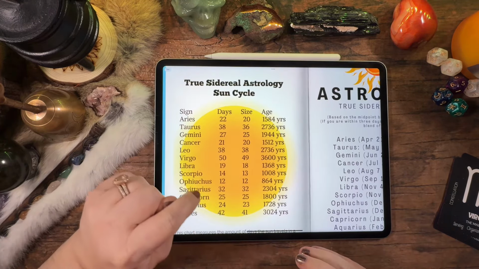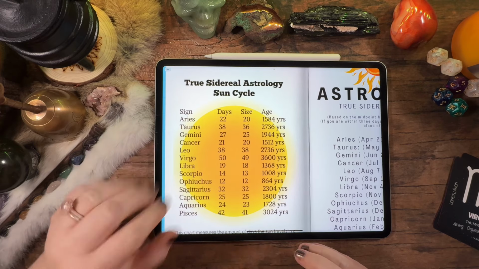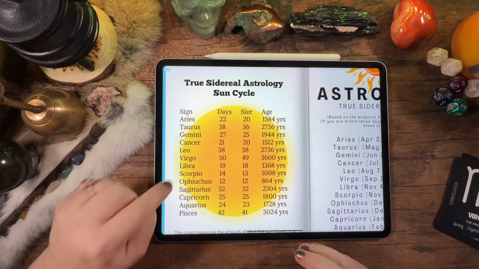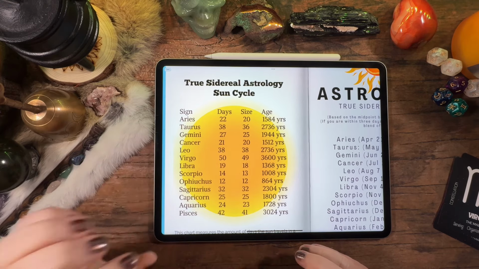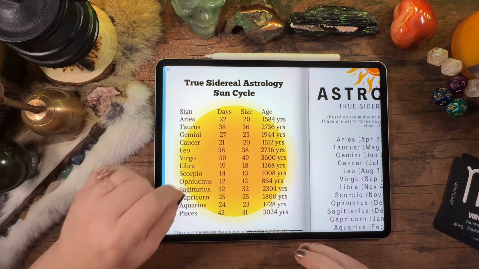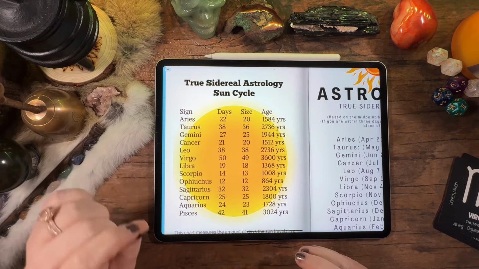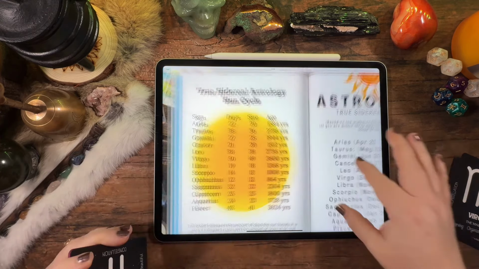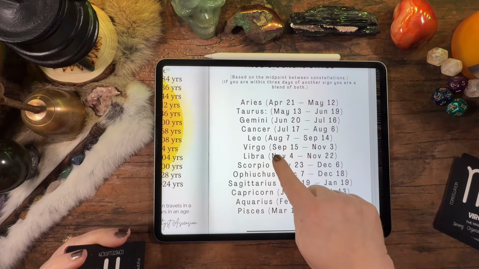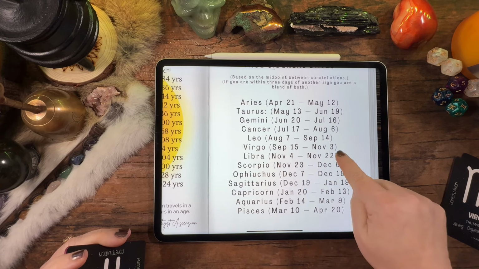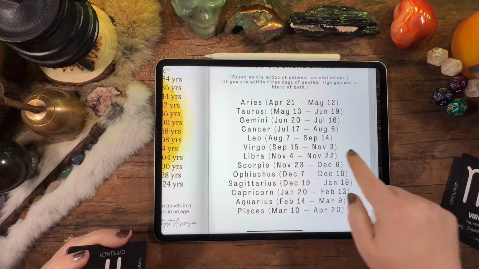It is 49 degrees in size, so the sun is roughly in Virgo for 50 days every year. So an actual age would be roughly 3,600 years. And these are the dates: September 15th to November 3rd, when the sun is truly in Virgo.